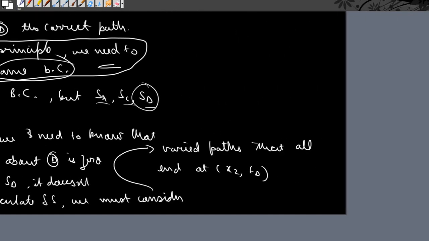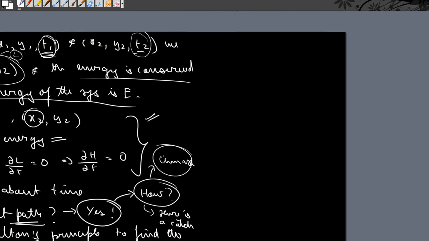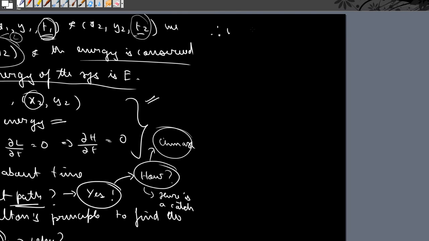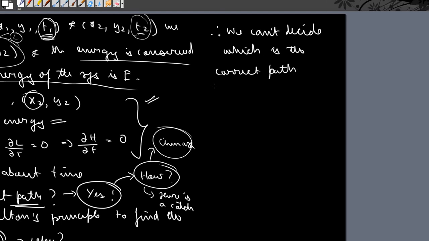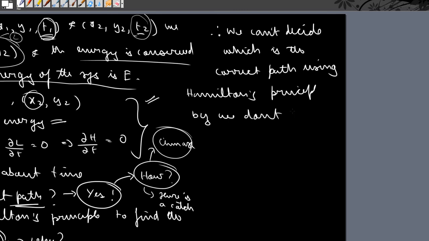So all of these things tell us that we cannot decide which is the correct path using Hamilton's principle, because we don't know the endpoint times.